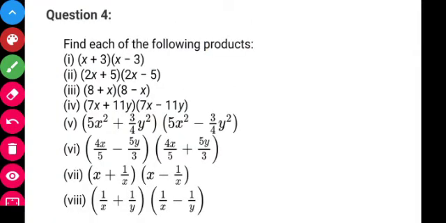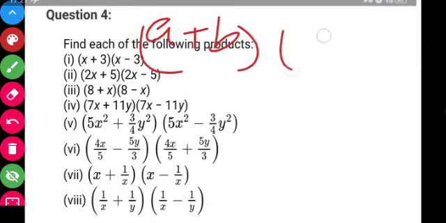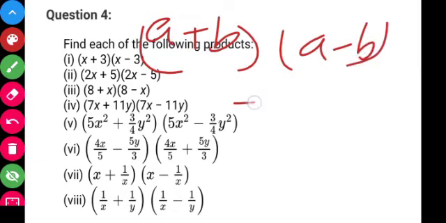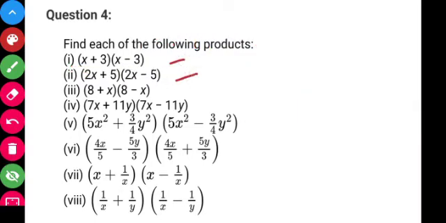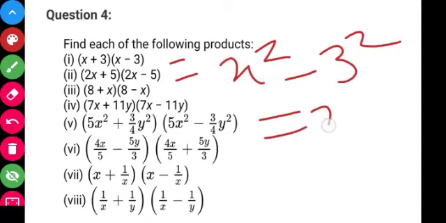Next is given, find each of the following products. So I told you the third identity, a plus b into a minus b, this will be equal to a square minus b square. Okay, so this is in the form of that only, a plus b and a minus b. So the first question, x square minus 3 square, that means x square minus 9.